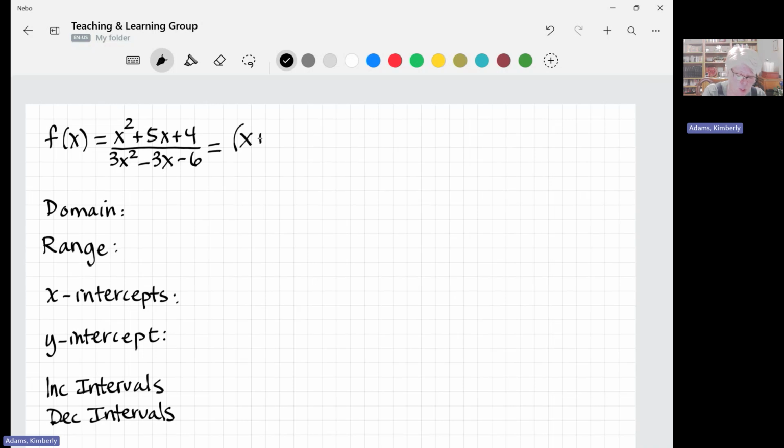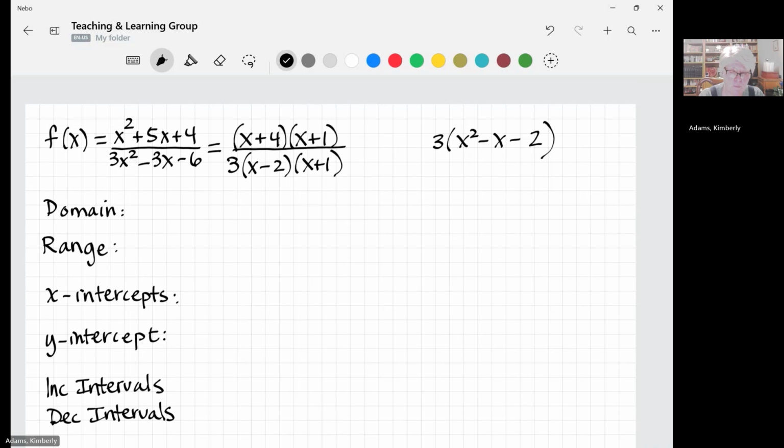So this will be x plus 4 times x plus 1, divided by 3 times x squared minus x minus 2, and that factors into x minus 2 times x plus 1. So I now have my denominator factored and my numerator factored.